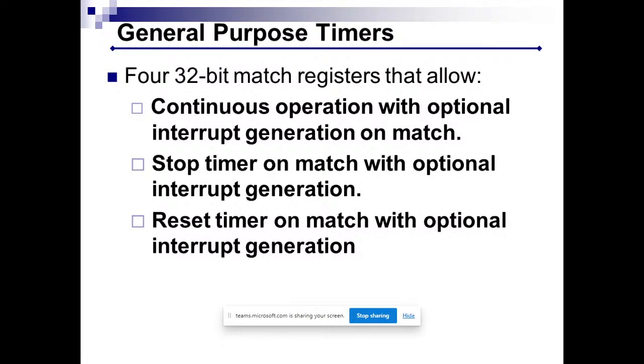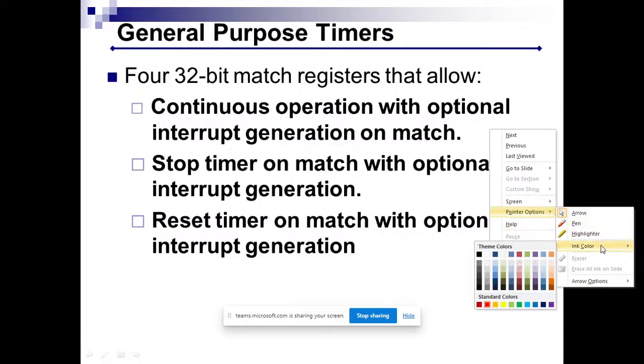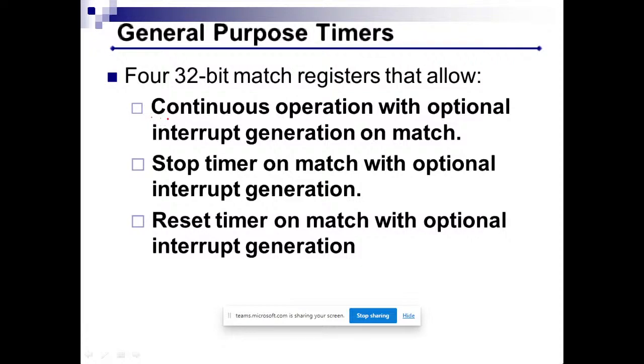We have 32-bit match registers available in the ARM processor, and we can use them in these ways. One is a continuous operation with optional interrupt generation on match. Let me explain this in more detail. What is the meaning of this?